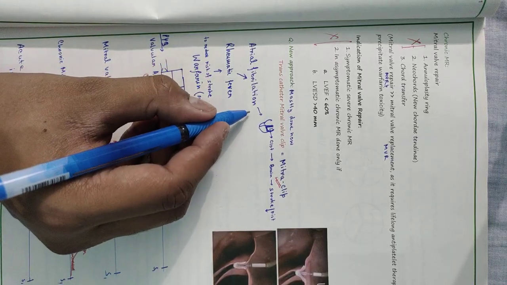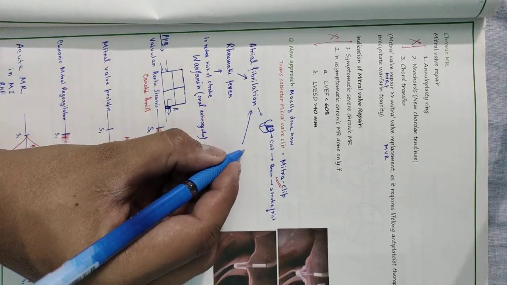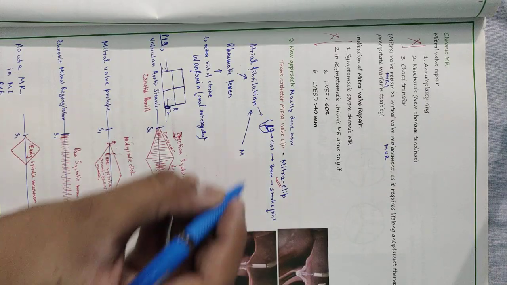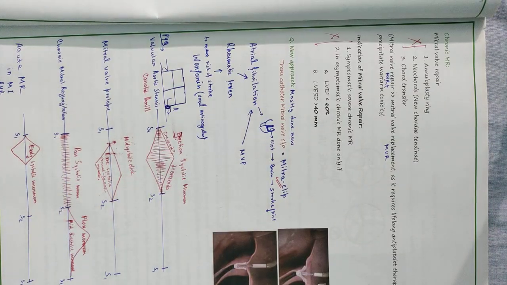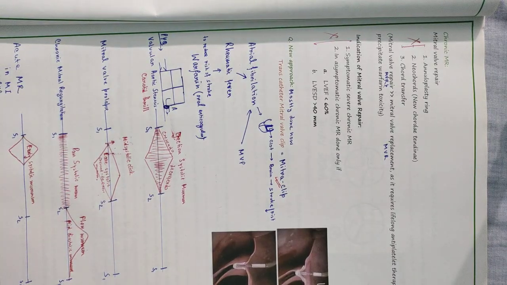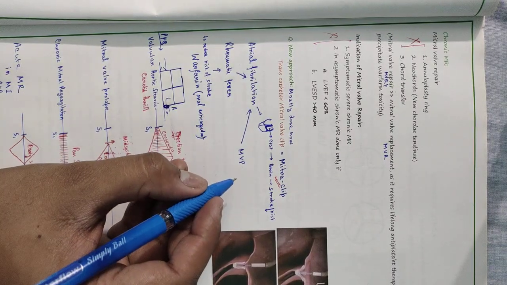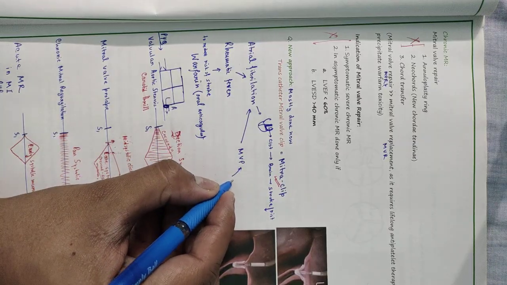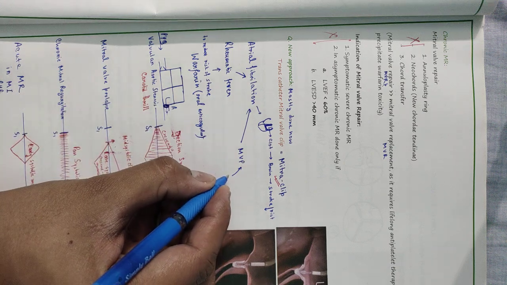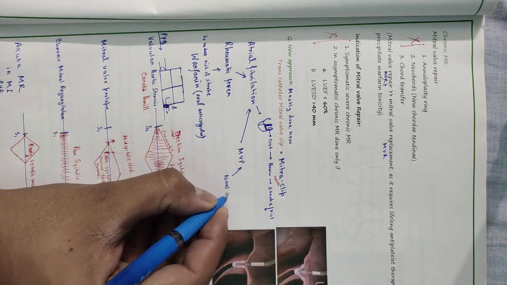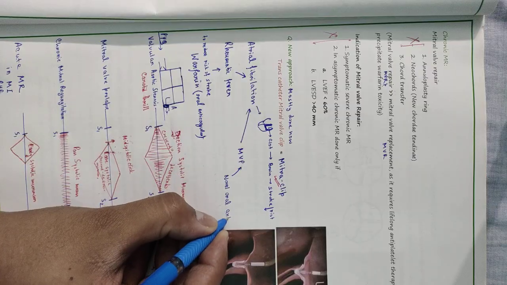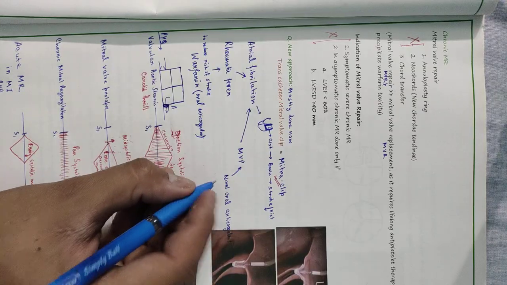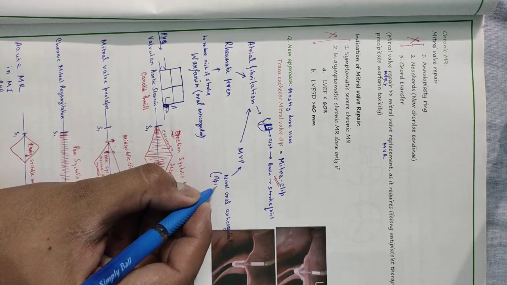But for atrial fibrillation due to mitral valve prolapse, to reduce the risk of stroke, we give a novel oral anticoagulant, that is apixaban.